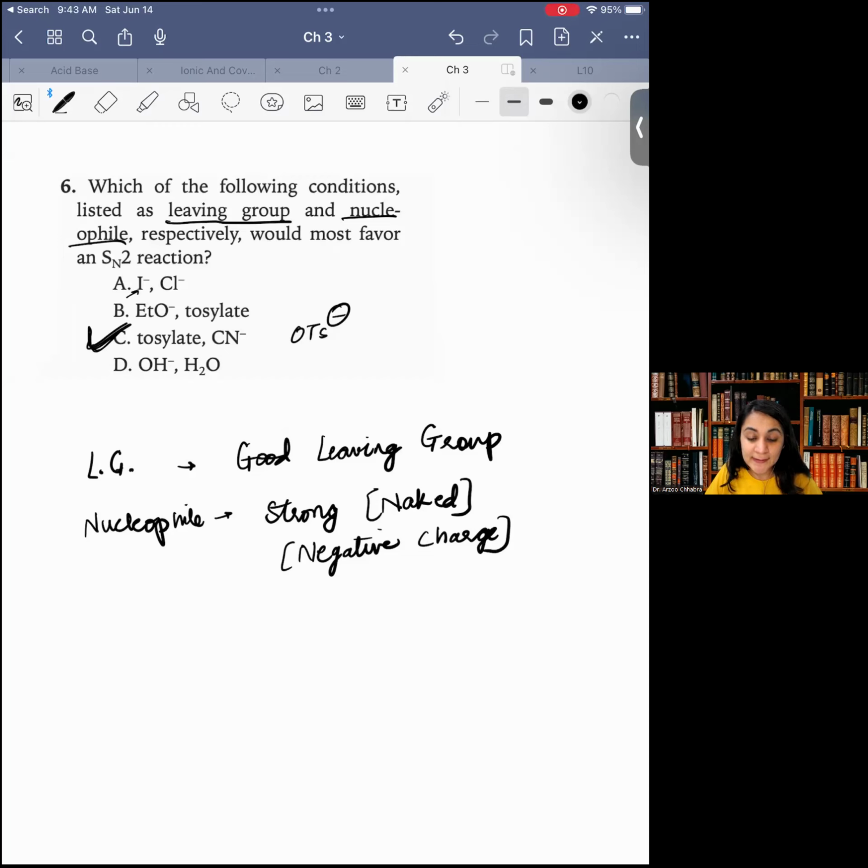I minus is also a really good leaving group, and Cl minus is a strong nucleophile too because of the negative charge. However, I'm going to choose tosylate and CN minus because tosylate is a better leaving group than I minus, right? And that's why option C would most favor the SN2. Option A would second most favor it. All right.